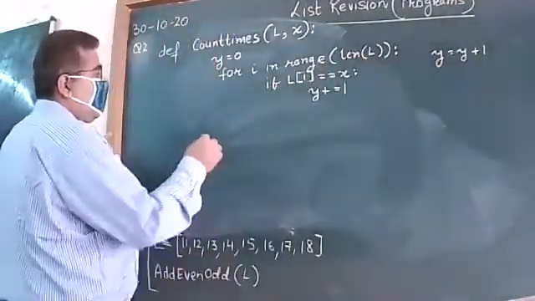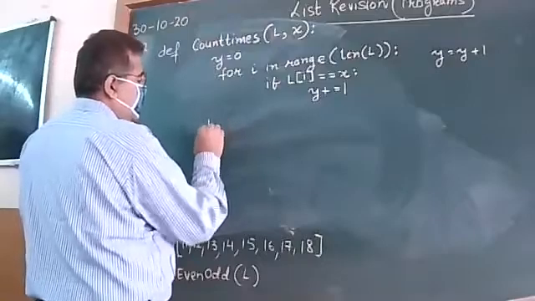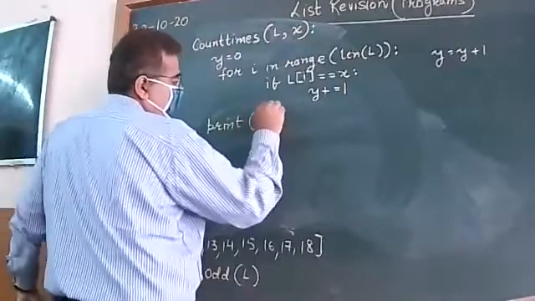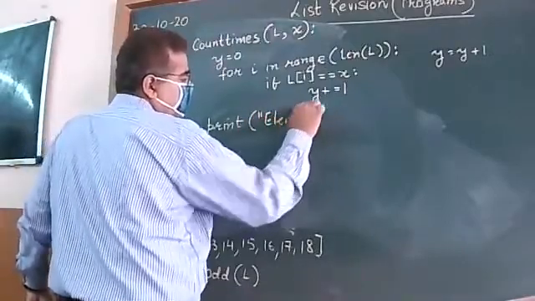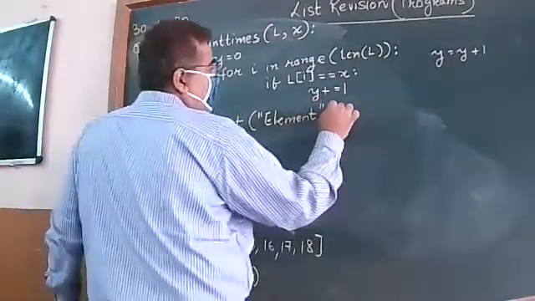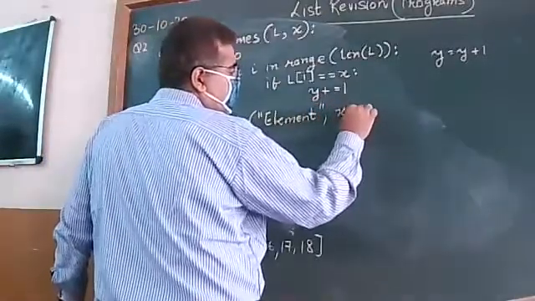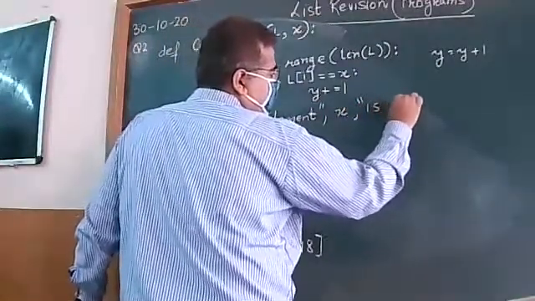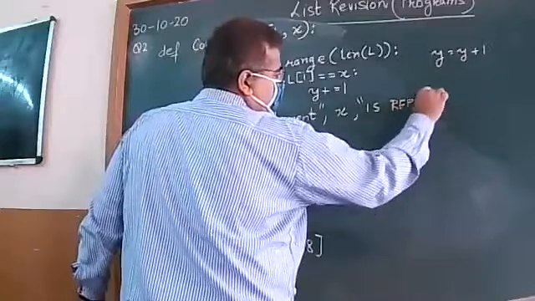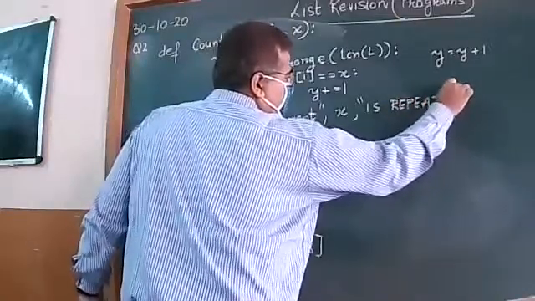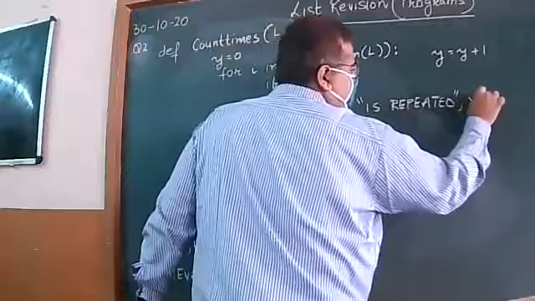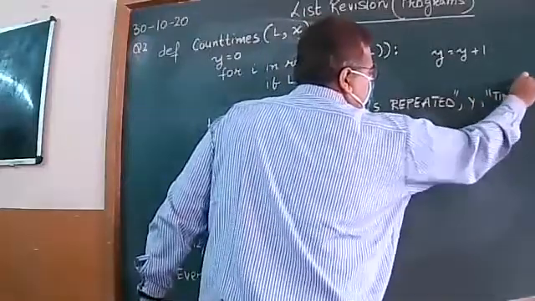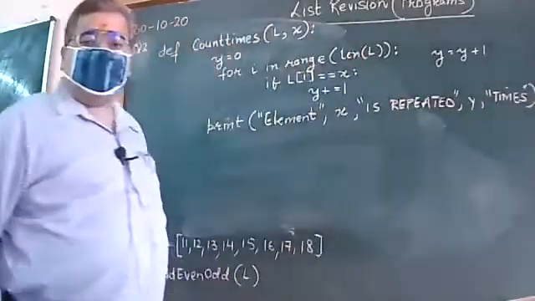Right? So here I will print element. Let the element be X is repeated Y times. See the formatting that will come.